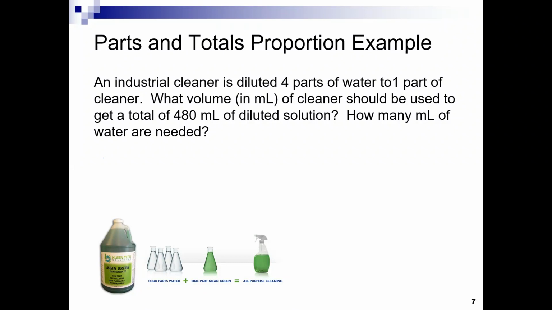When I look at the first sentence, I see that we should use 4 parts of water and 1 part of cleaner. When I think about making a proportion, I know that a proportion is 2 equal fractions.